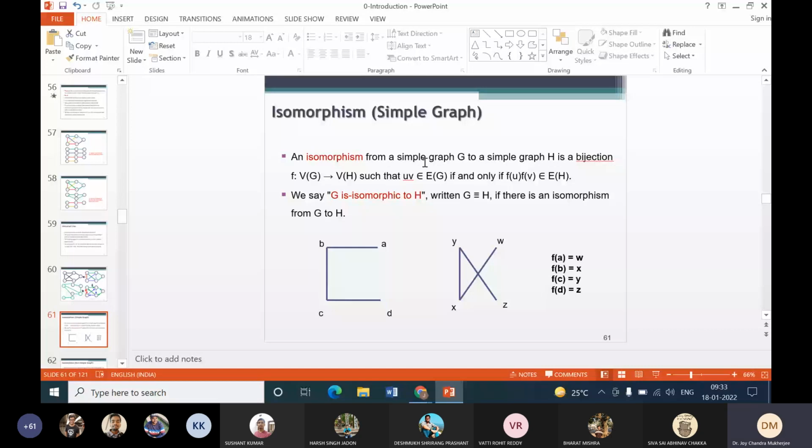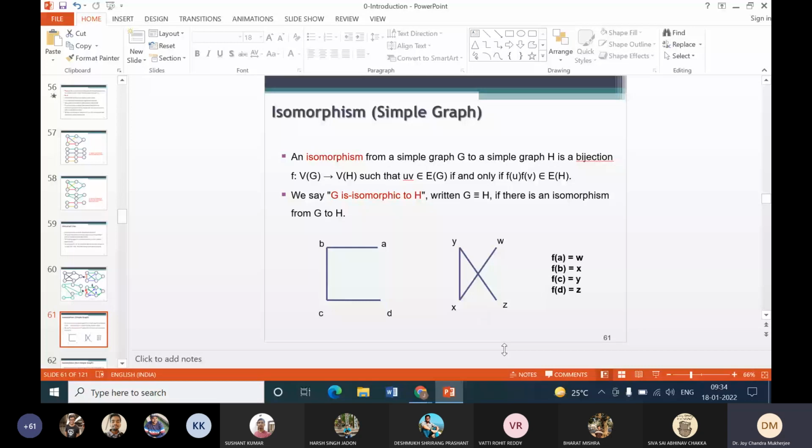So a simple graph G is isomorphic to a simple graph H if there is a bijection from the vertices of G to the vertices of H, such that UV belongs to the edges of graph G if and only if, since f is a bijection, f(U)f(V) belongs to EH. जैसे ये दो ग्राफ में A is mapped to W, B is mapped to X, C is mapped to Y, and D is mapped to Z. Okay.